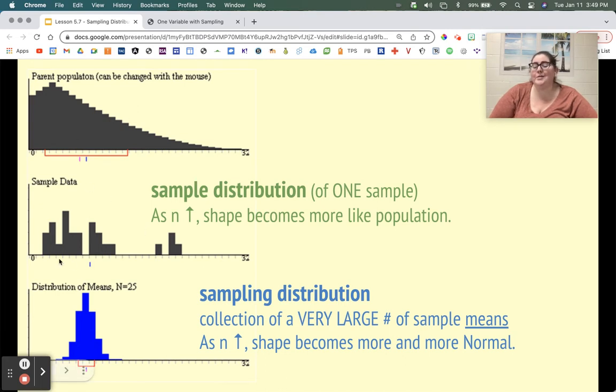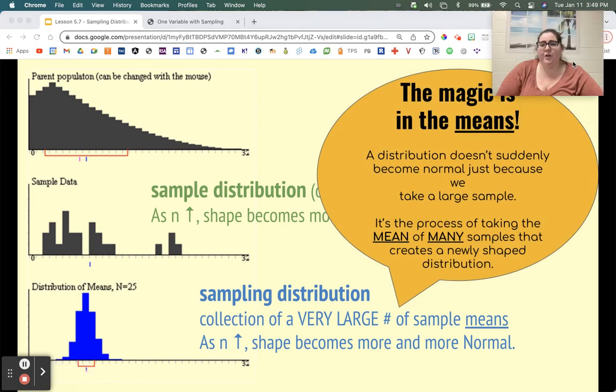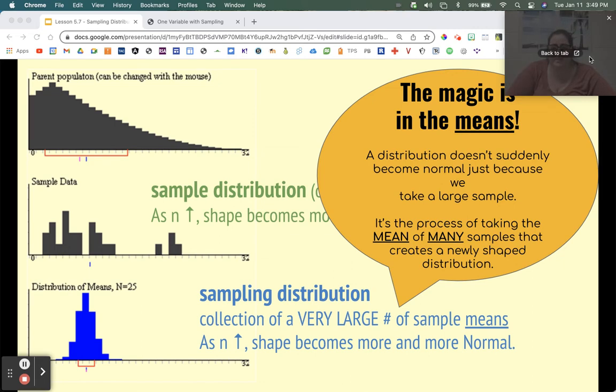But one single sample without taking the mean is not going to have that same effect. So I always like to say for this, make sure you're looking for the word mean. The magic is in the means. A distribution is not just going to suddenly turn normal just because we take a large sample. It's the process of taking the mean of many samples and putting all those means on a graph that makes it roughly normal.